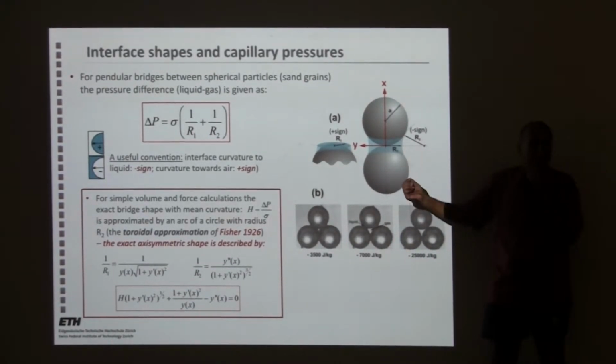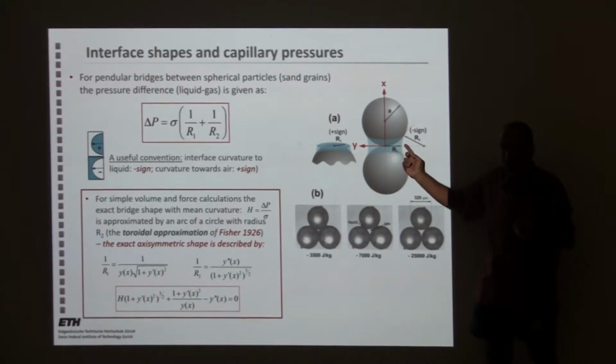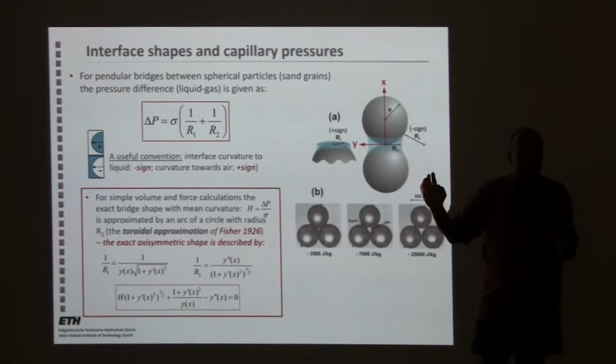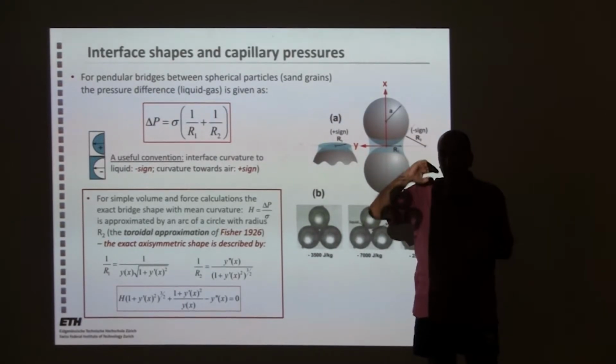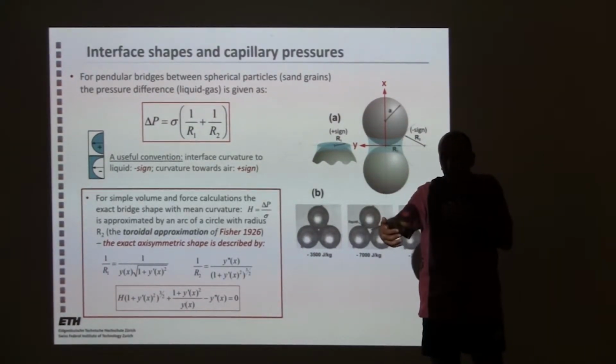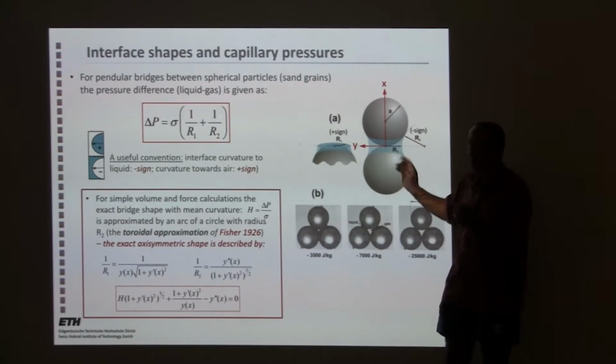And we need some convention to give signs to these radii. The convention is the following: if the water bulges into the air, the sign I'll give to that radius will be positive. If the air bulges into the water, the sign I'll give to that radius will be negative.